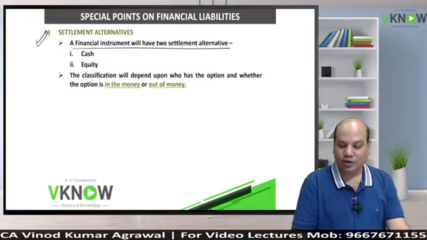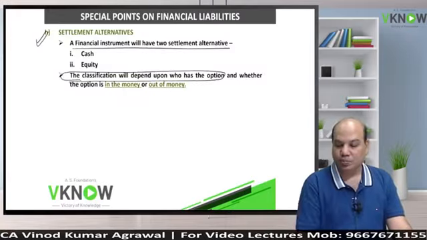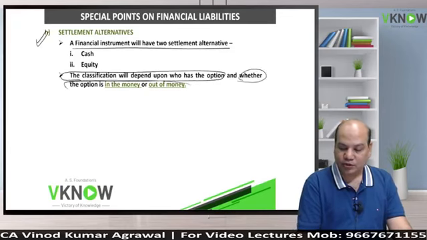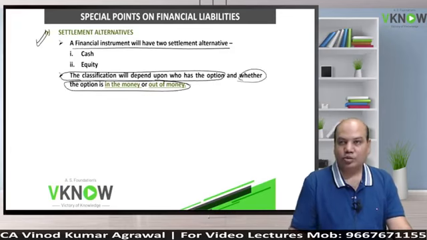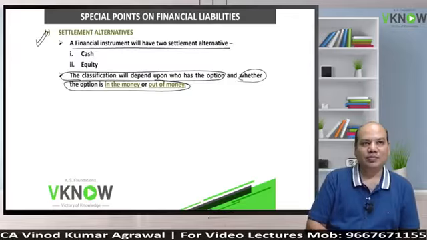Either he can go for cash or he can go for equity. The classification will depend on who has the option, plus it depends on whether the option is in the money or out of the money.